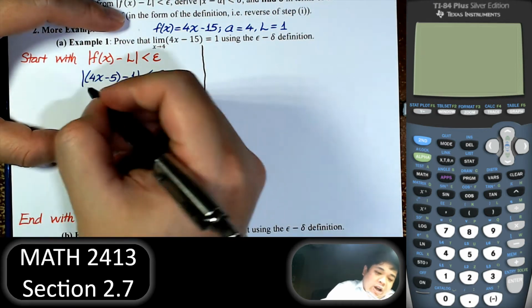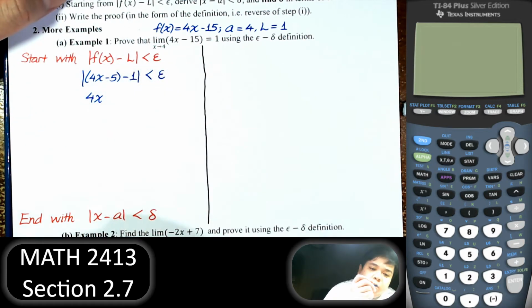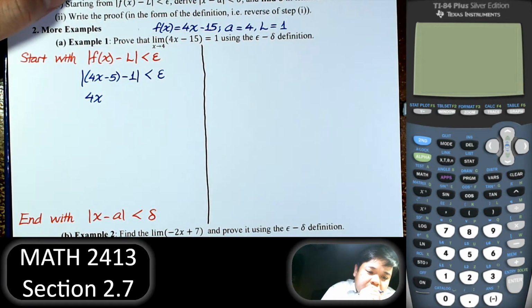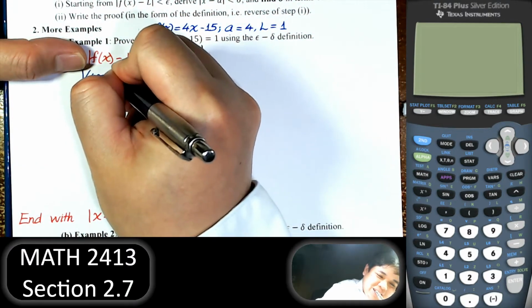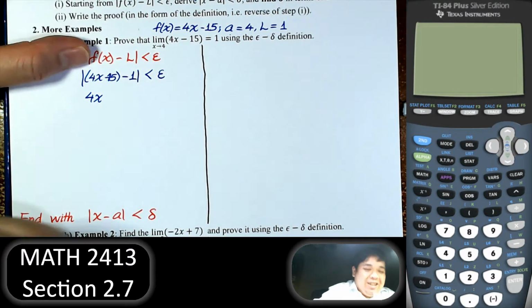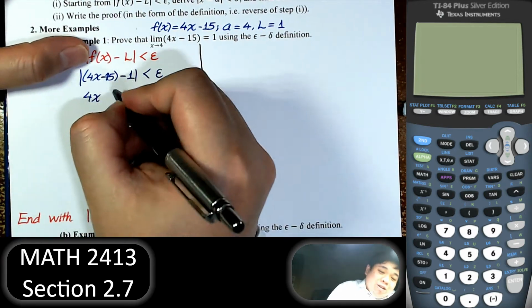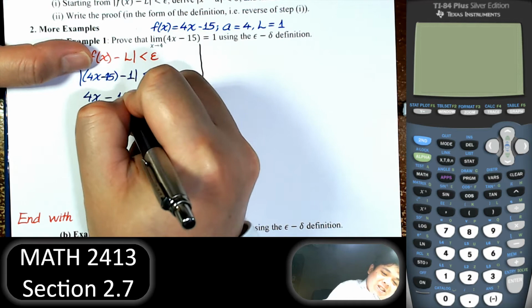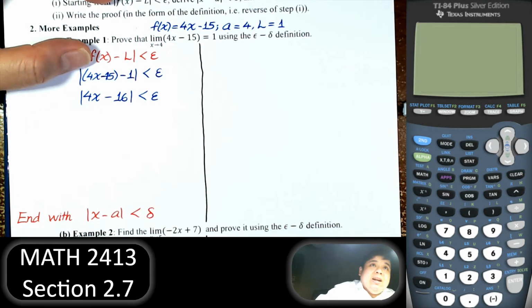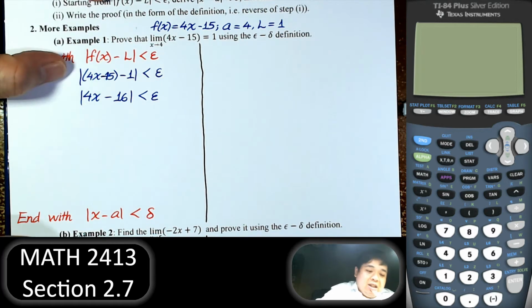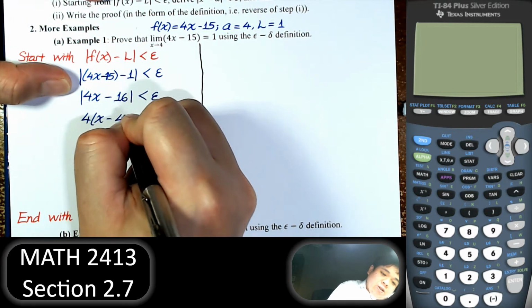We write this, we have 4x minus 15 minus 1, 15 plus 1 is 16. 4x minus 16, we can factor out 4, x minus 4.